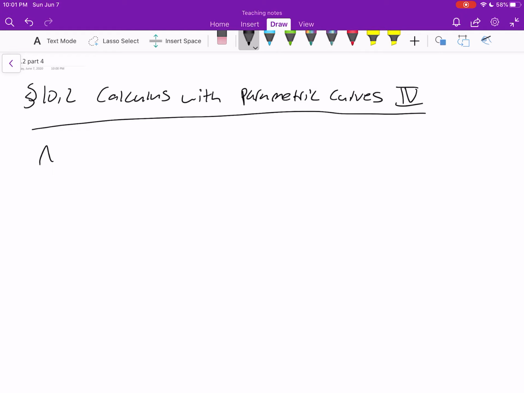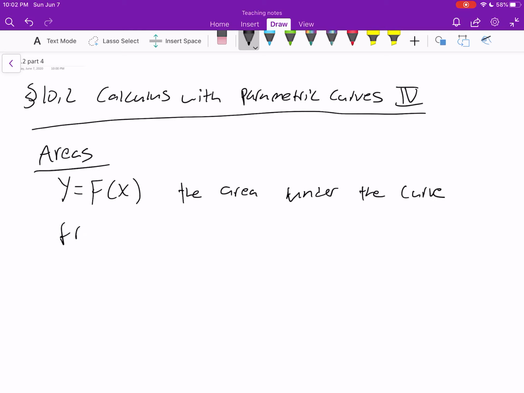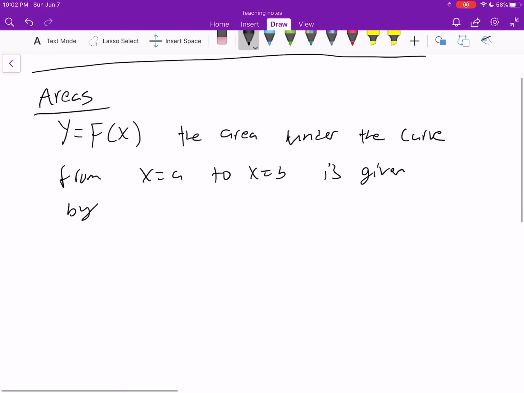Now let's talk about area. So we're going to talk about integration. So if we have the curve y is equal to capital F of x, if we have a function that describes this, the area under the curve from x equals a to x equals b is given by area is equal to the integral from a to b of f of x dx.